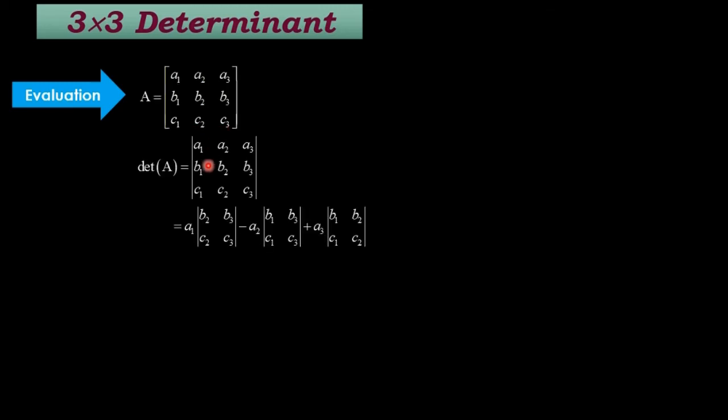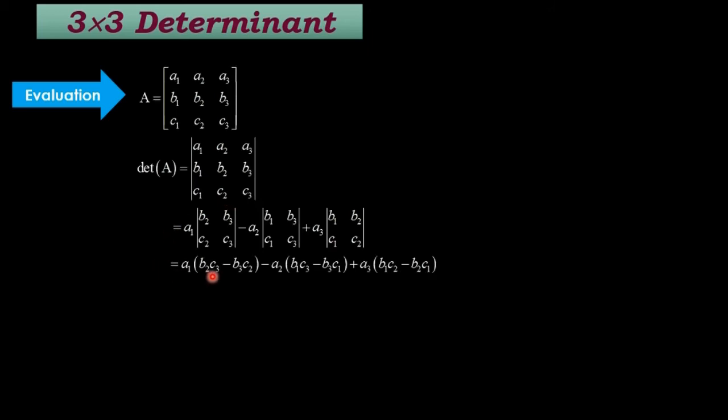So the determinant of A is a1 into the minor of a1 (b2, b3, c2, c3) minus a2 into the minor of a2 (b1, b3, c1, c3) plus a3 into the minor of a3 (b1, b2, c1, c2), equal to a1 into (b2 c3 minus b3 c2) minus a2 into (b1 c3 minus b3 c1) plus a3 into (b1 c2 minus b2 c1).